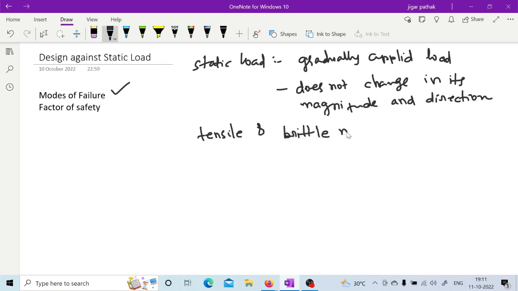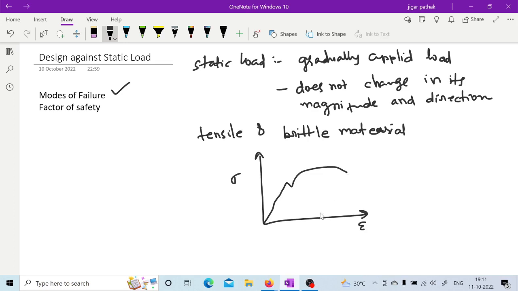What we mean by this is, whenever you have a stress strain curve, let us say for mild steel, whatever percentage elongation is there before failure or fracture.